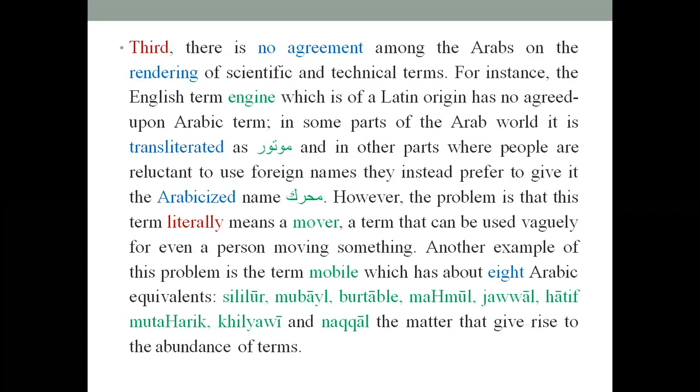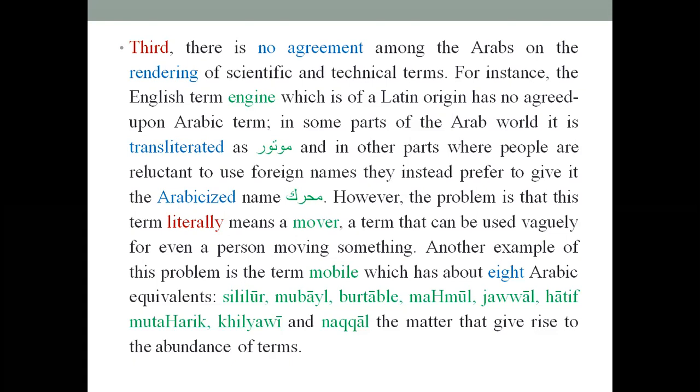The third problem is that there is no agreement among Arabs on the rendering of scientific and technical terms. For example, if we have a certain technical term in English, we have in Arabic so many terms that reflect the same item.